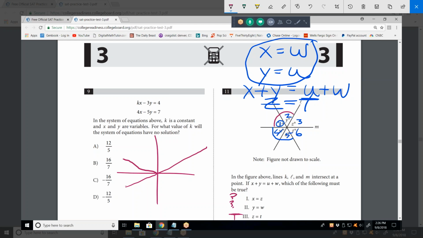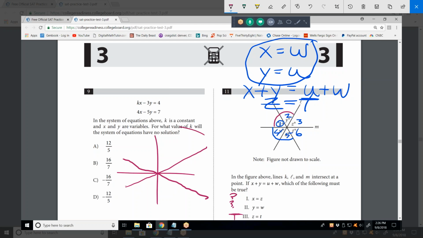Since we know y and u are equal to each other, so that would mean z and w and x and t are equal to each other, right? Well, c is equal to w because they're vertical angles. Right. And 1 is equal to 6 because they're vertical angles. Okay, that's what I thought. So we do know all of that.